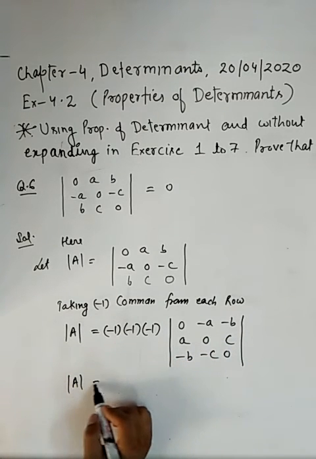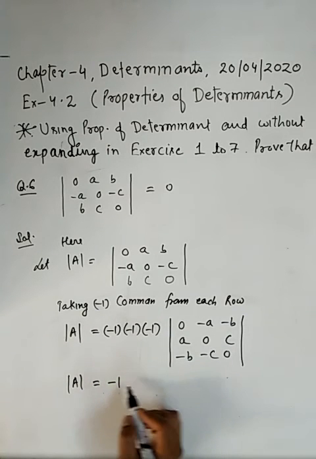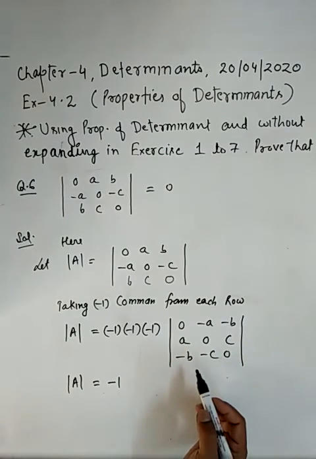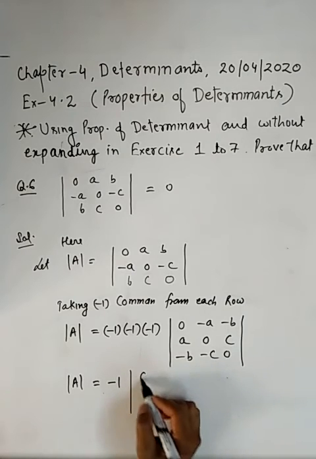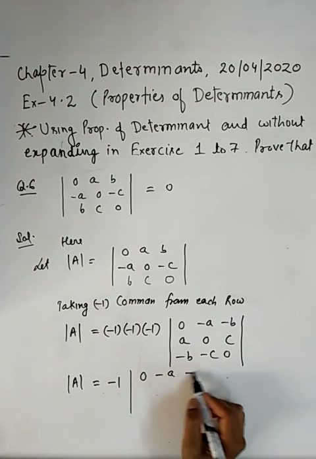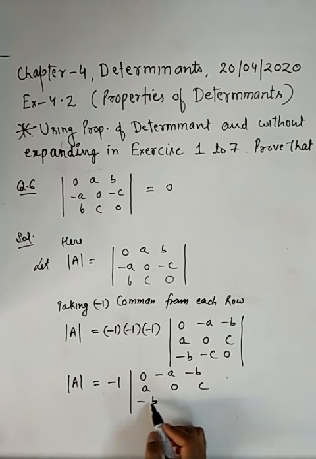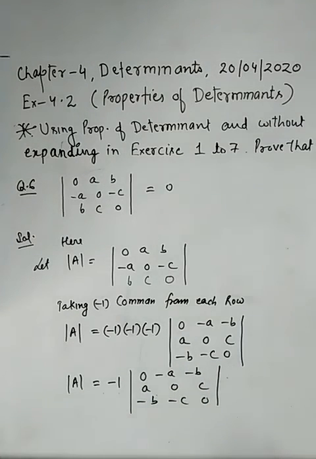So the determinant of A, when you multiply this term, this is minus 1 and this is again 0, minus A, minus B, A, 0, C, minus B, minus C, 0.